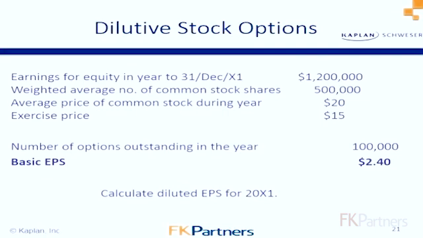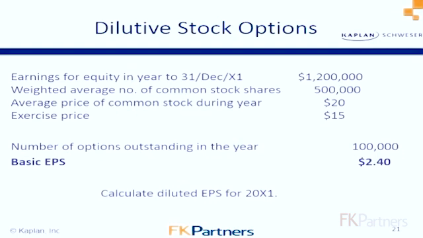You can see the terms of the option. Exercise price is 15, and what is going on with the market? The market price is 20. So what we want to do now is run through a basic calculation for the earnings per share.